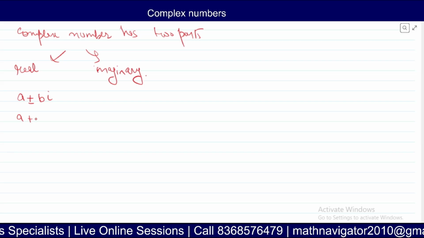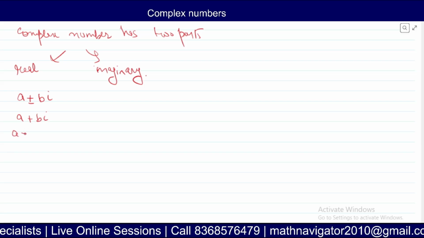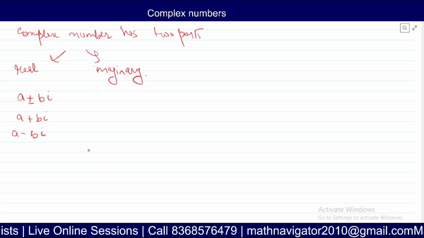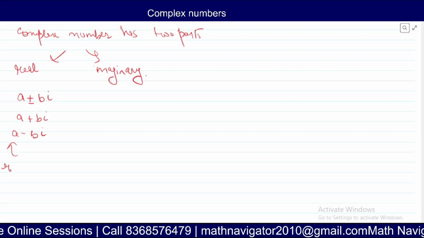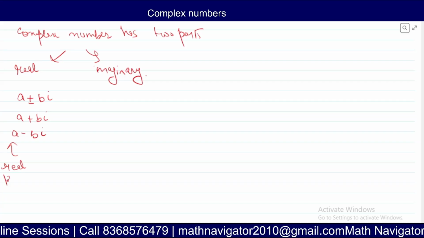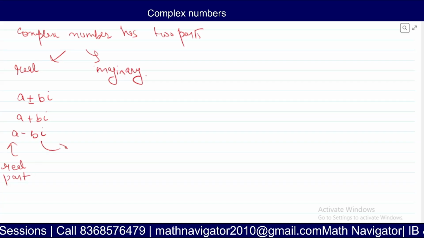That means either a plus bi or a minus bi. This thing is called the real part and this thing is called the imaginary part.